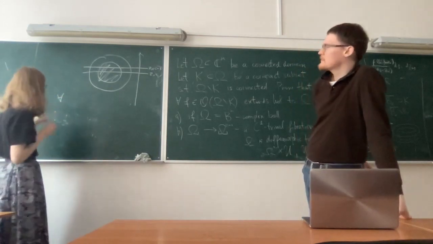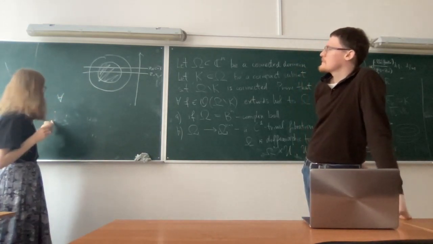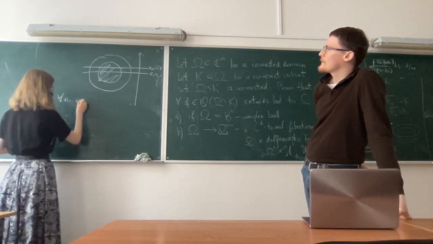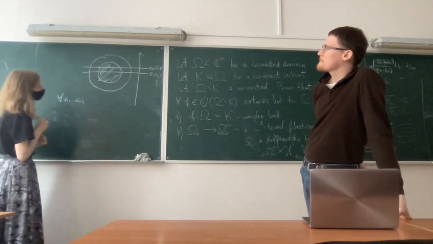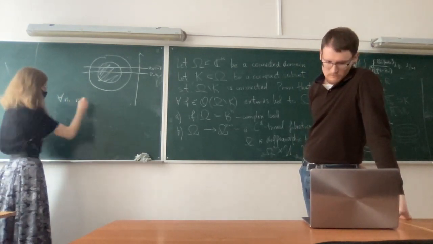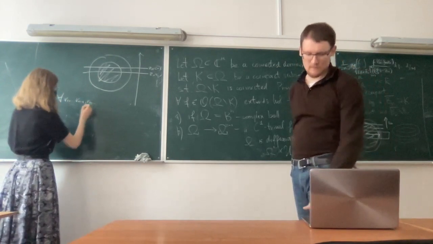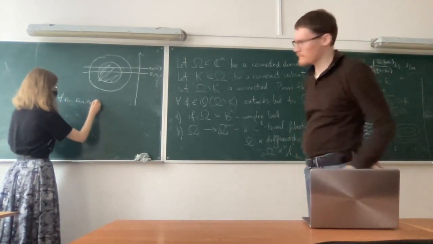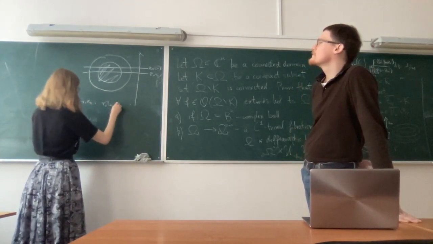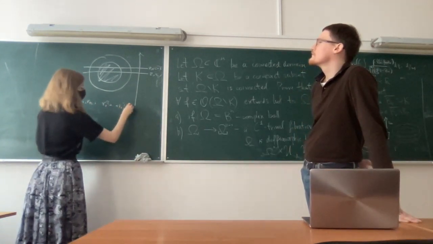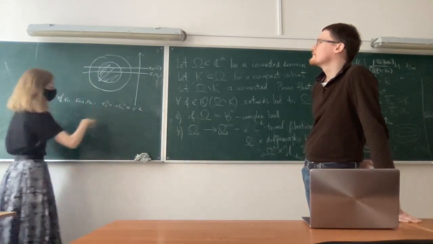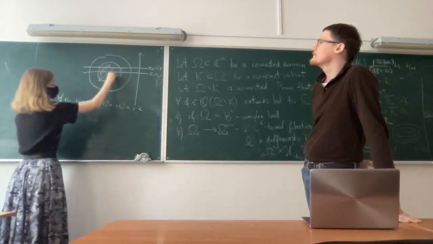So I need to see that for any R1, up to Rn minus 1, and Rn such that, it is R squared, because this R is the radius of this ball.